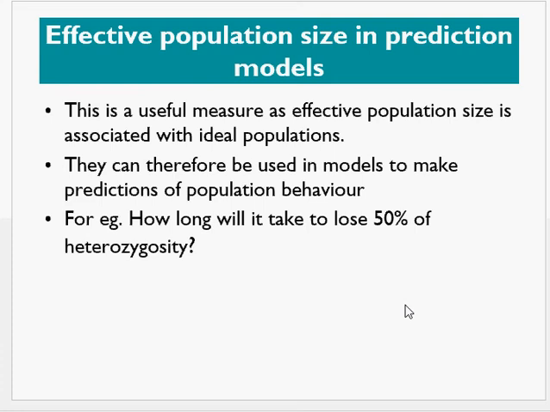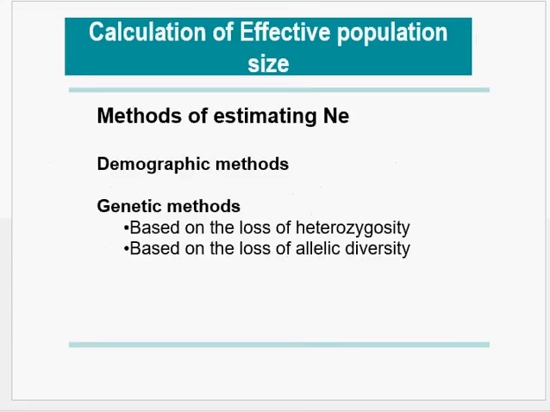So some of the methods of estimating effective population size would be demographic methods. You would actually go in there and monitor individuals and see which ones are actually reproducing and contributing to the next generation.